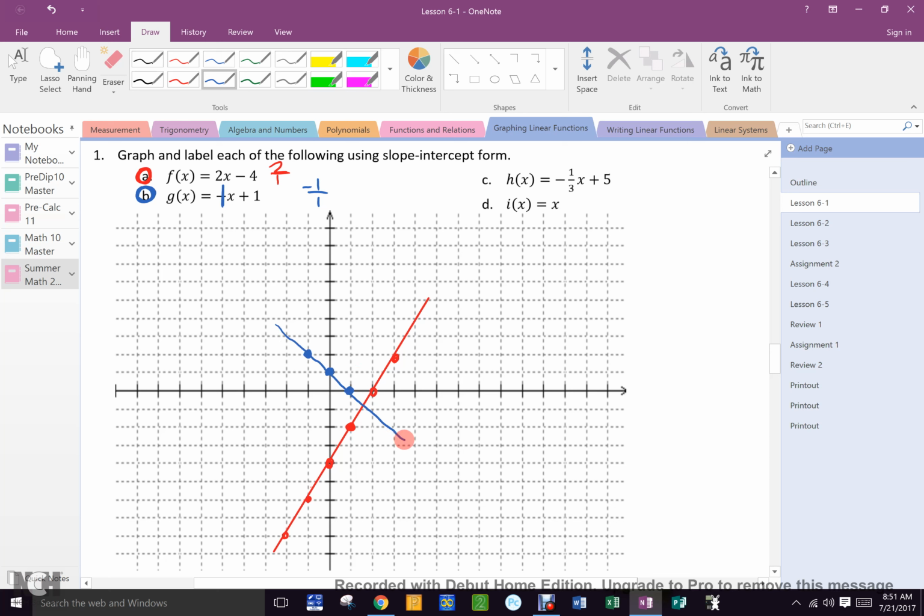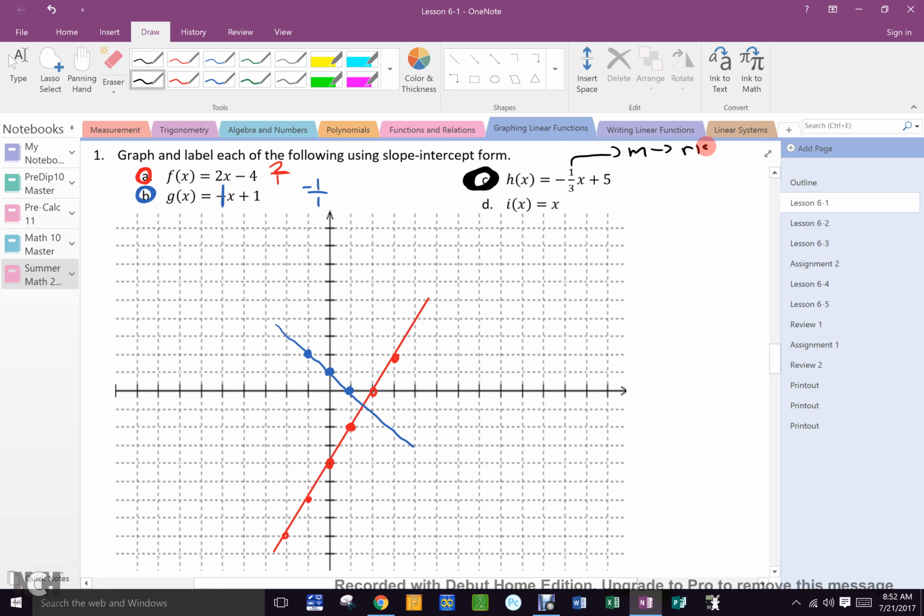All right. Let's have a look at C, which I'm going to graph with a black line. What's different? There's a fraction, but we know that fraction is the slope, don't we? And we know that slope is always rise over run, don't we?